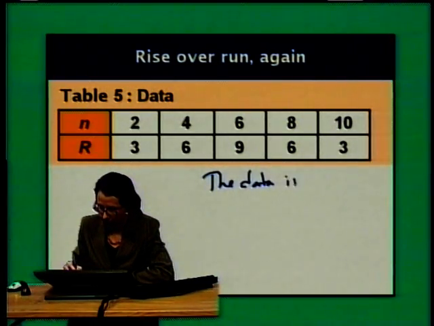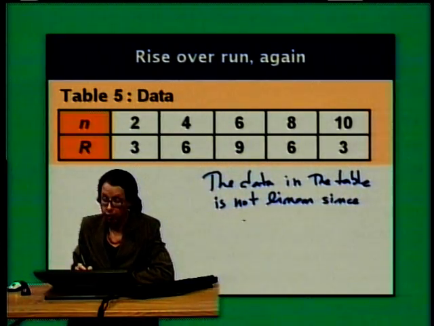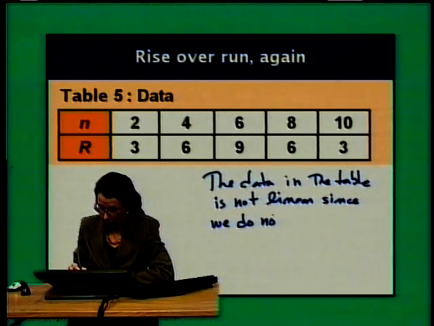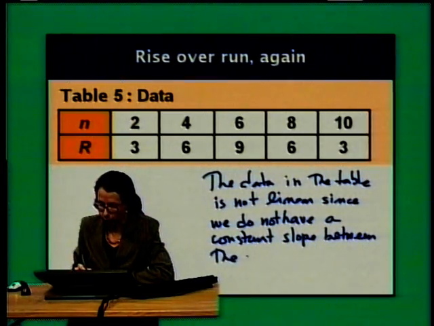The data in the table is not linear, since we do not have a constant slope between the points in the table.